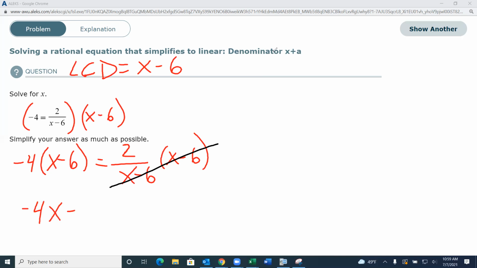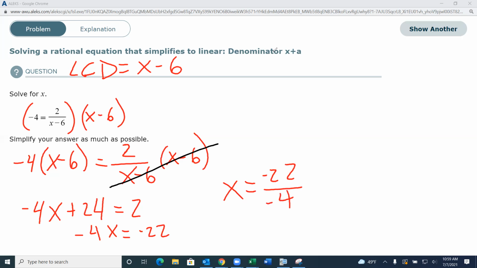I'll get rid of those parentheses on the left. Now the problem is significantly easier. So I'll subtract 24. And then I will divide by -4. And that gives me positive 11 halves, or 5.5, however you want to do it.